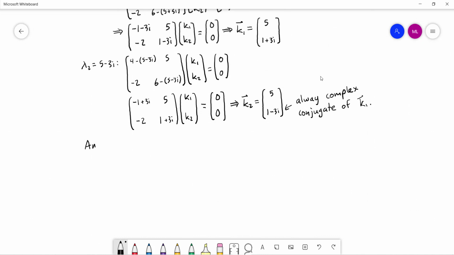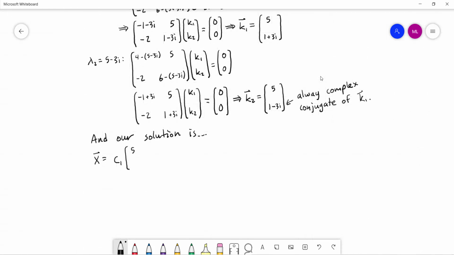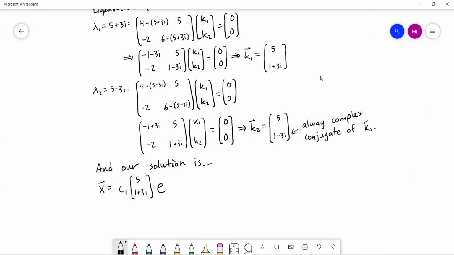And our solution is basically that x is equal to c1 times k1, so that was 5, 1 plus 3i, times e to the 5 plus 3i times t, plus c2 times 5, 1 minus 3i, e to the 5 minus 3i times t. And so there is our solution.